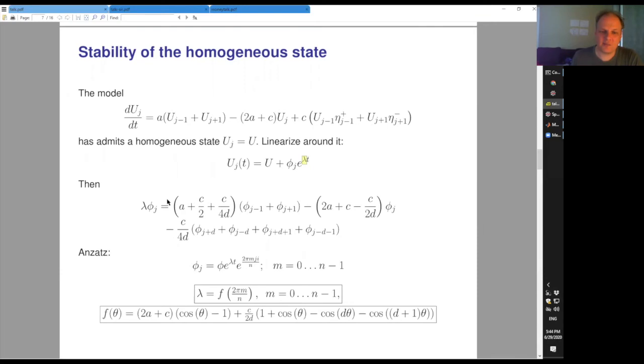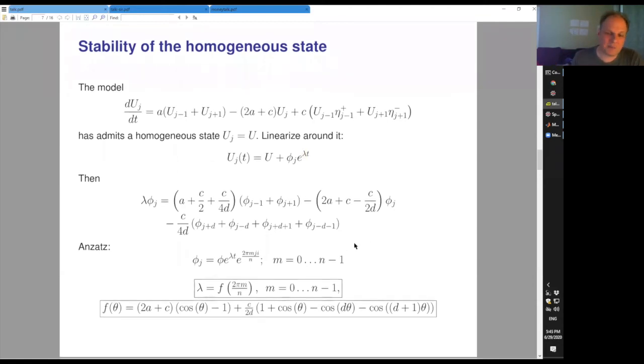Lambda is going to be the eigenvalue of some matrix, a circulant matrix if you assume periodic boundary conditions. Then you can write explicitly what the eigenfunctions and eigenvalues are. So lambda is just f of this. There are n eigenvalues, and you have this explicit expression for them.